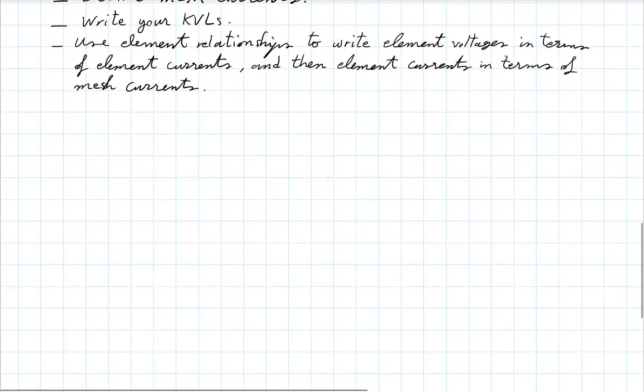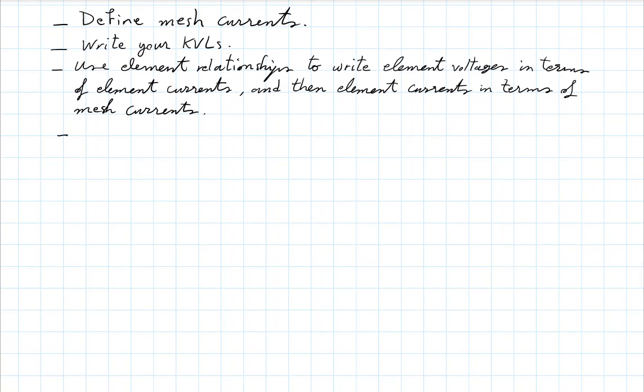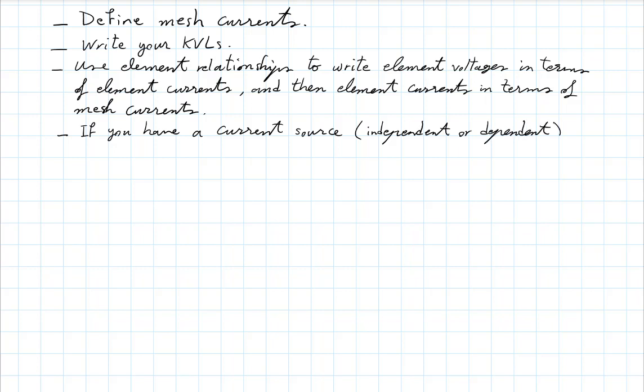So we'll see that in an example, but I'll write it down. If you have a current source, be it independent or dependent, in a given mesh, you won't have a direct way to write its voltage in terms of currents.